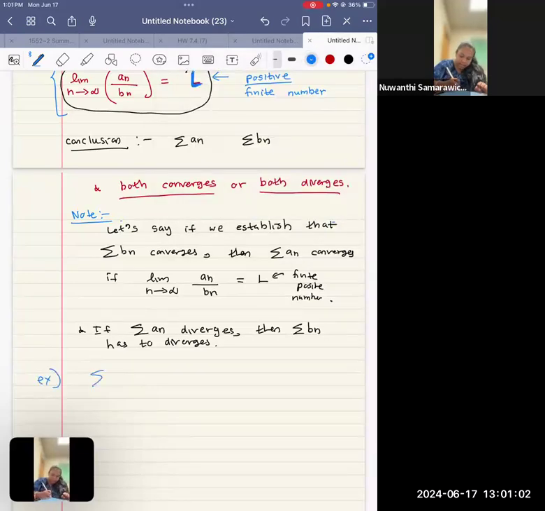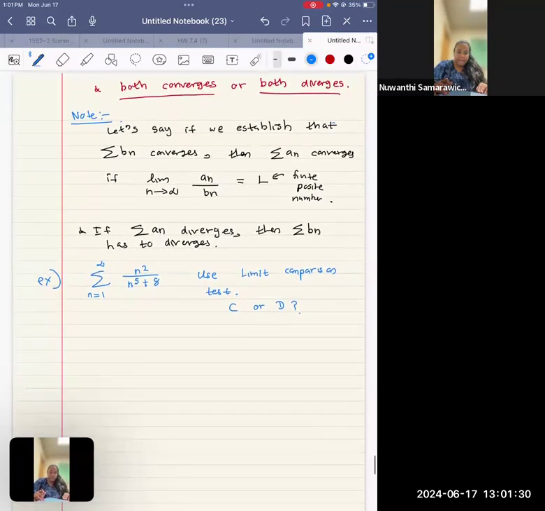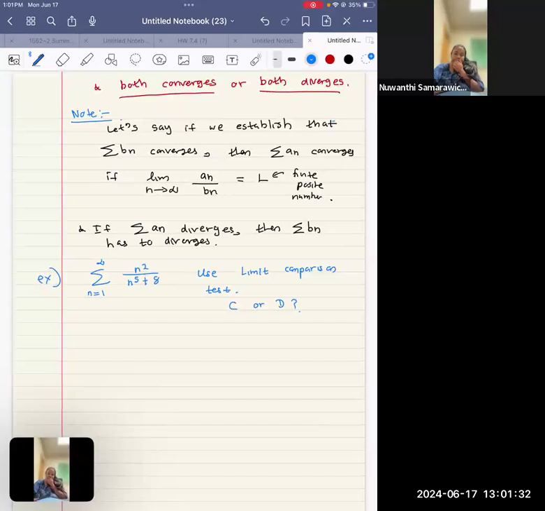So the example is n squared over n to the power 5 plus a. Use the limit comparison test. Is it convergence or divergence? Okay.